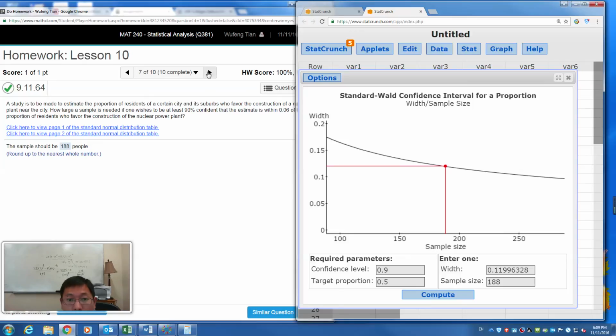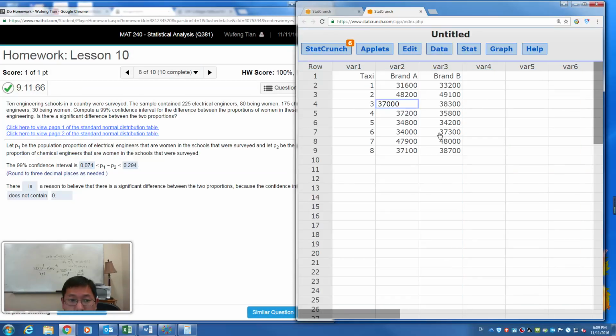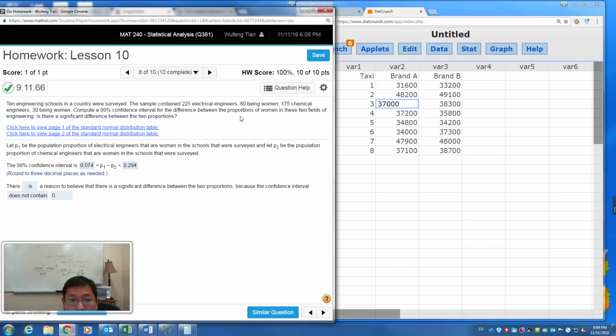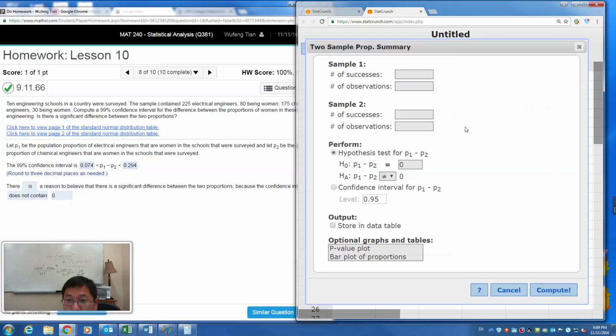All right. So next one. All right. So this is proportion. Okay. Proportion two sample with the data with the summary because we don't have anything else. So just type in 80 woman 225 and 30 being woman 175.